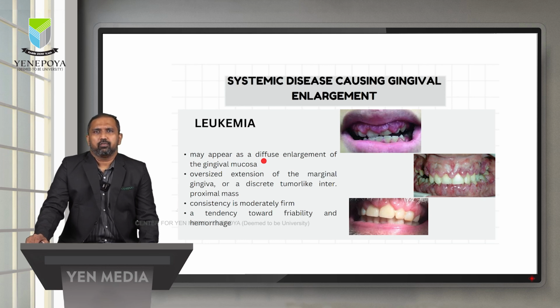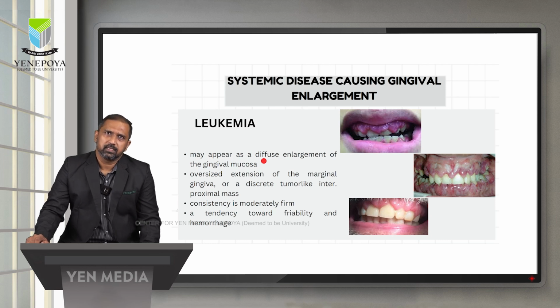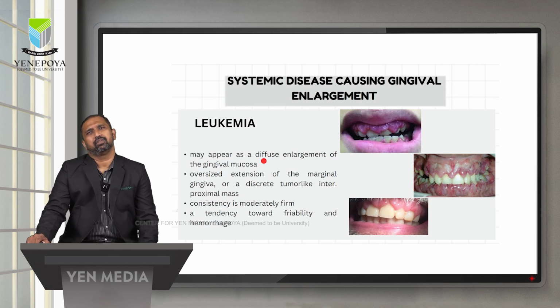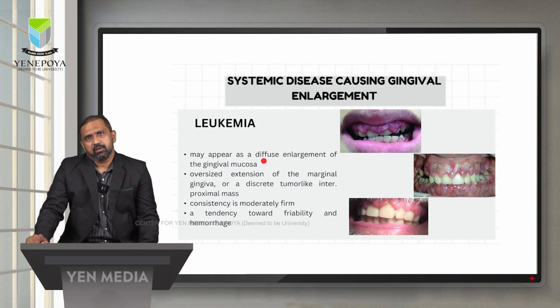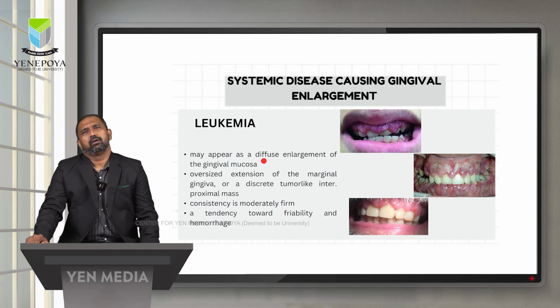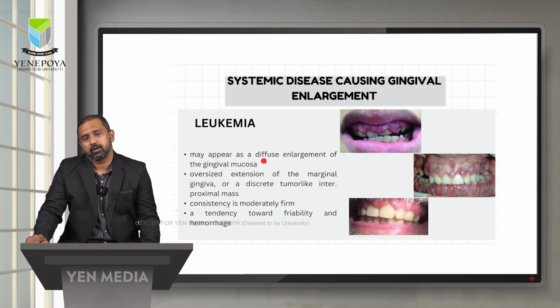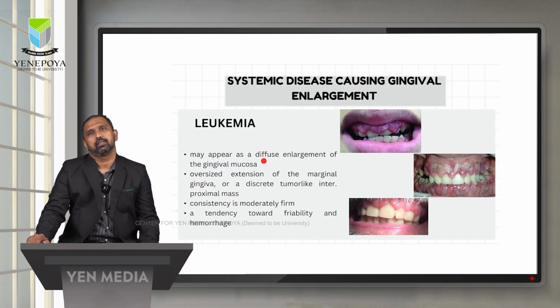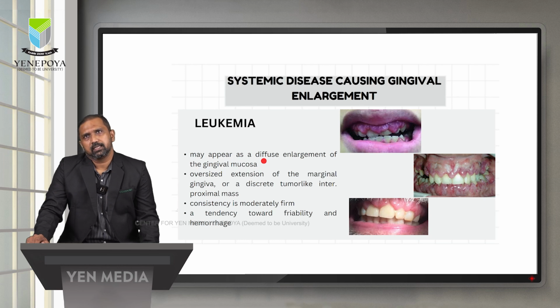Consistency is moderately firm or soft, but one of the typical features of this leukemic infiltrated gingival tissue is the tendency to bleed, even with the slightest provocation. That is why the patient reports to the dentist with complaints of bleeding gums, and the first and second pictures are classical of leukemic infiltrated gingival enlargements.